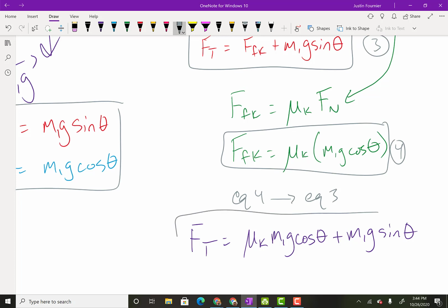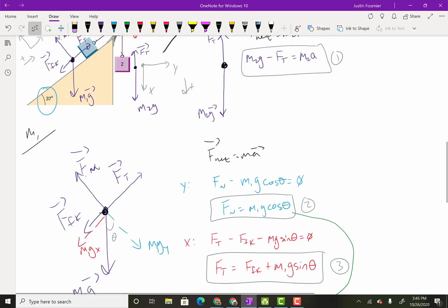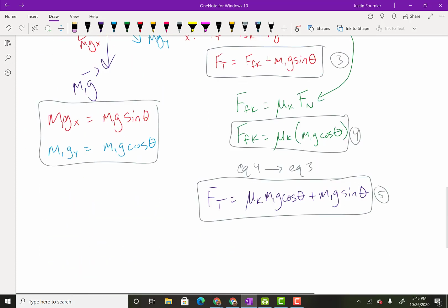So here is now another relationship, relationship 5. What I'm going to do now is plug equation 5 into equation 1, because that's my tension force right there. So that's what I'm doing next.